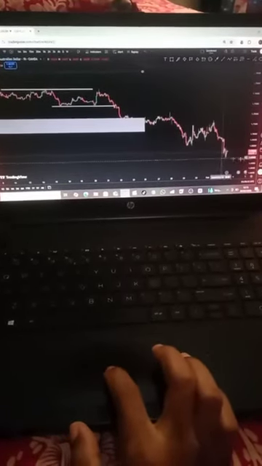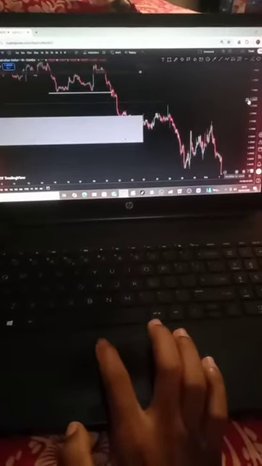Okay, now this is it. This is the support level, or the demand zone, that we drew out on the daily time frame. And this is what we are supposed to be trading, to continue going bullish with the market. So we are here on the lower time frame to get an entry.